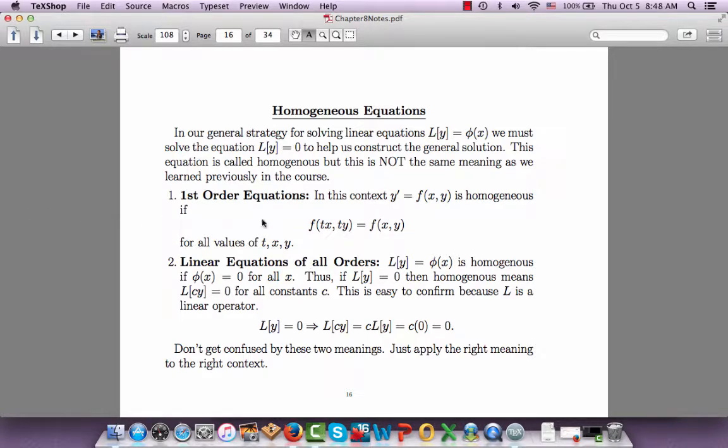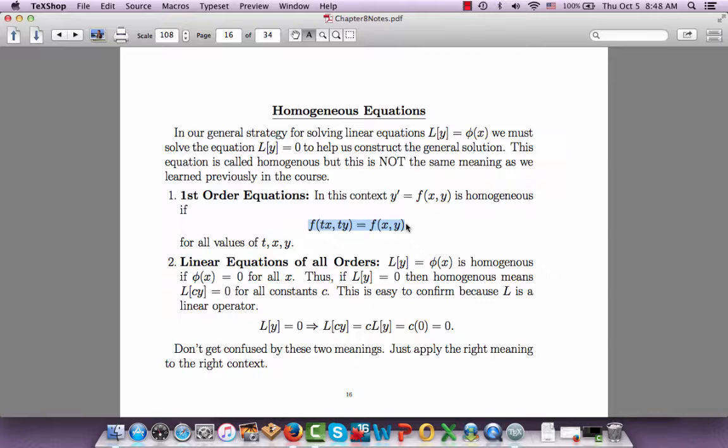A first order equation was homogeneous if it had this form where this expression involving our unknown function y and the independent variable x happened to satisfy this algebraic condition that if you multiply x and y by the same constant t, then algebraically it'll somehow simplify and the t's will go away.